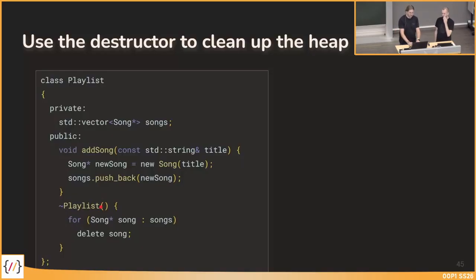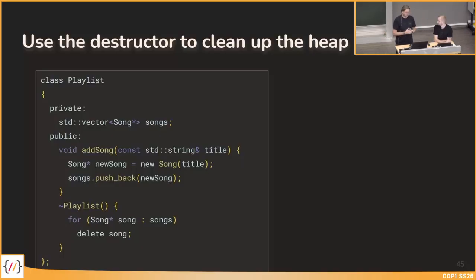So we have this destructor now in our class, and we have to make sure that whenever the playlist is deleted or goes out of scope, depending on if it is on the stack or on the heap, whenever this destructor of playlist is called, all the objects stored on the heap, so in our case all the songs in our vector, are deleted as well. So we have to call the destructor of the song class by writing delete song. Otherwise, this would stay on the heap.